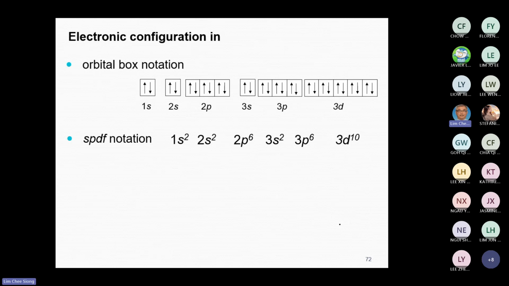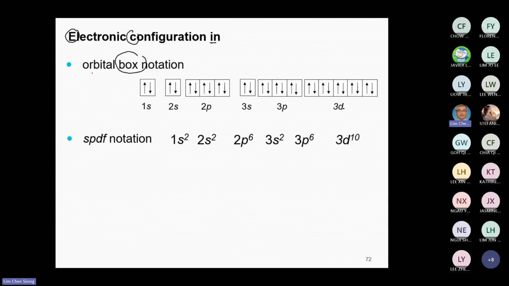Be careful. You must know about the format. Electronic configuration in orbital box. You have the name of the box. You must draw all the boxes based on the subshell, so label 1s, 2s, 2p, 3s, 3p, 3d up to the maximum electrons of the atom, or the ion.